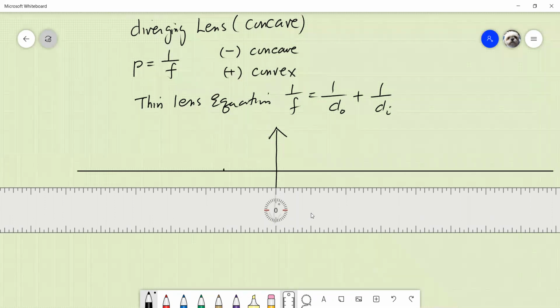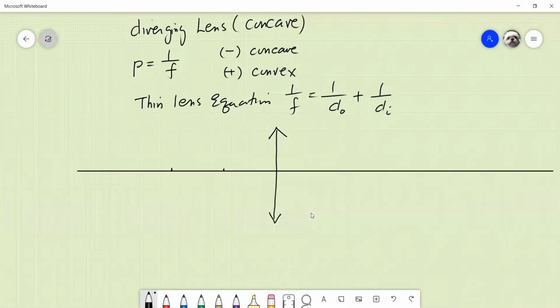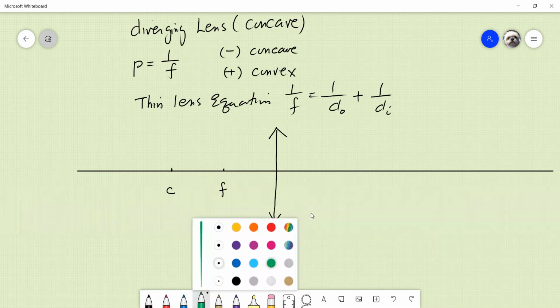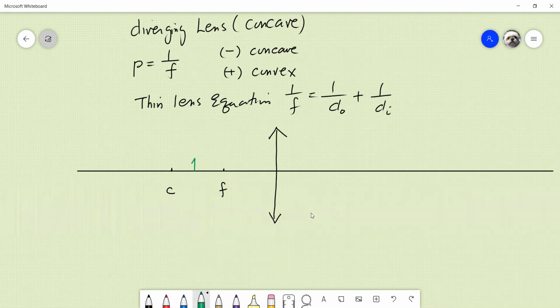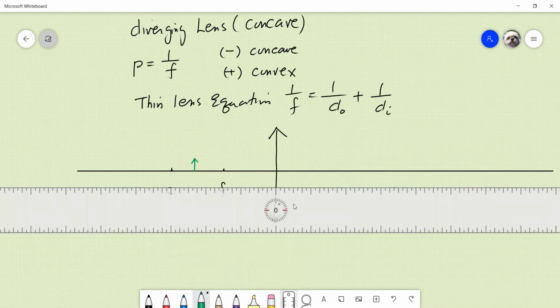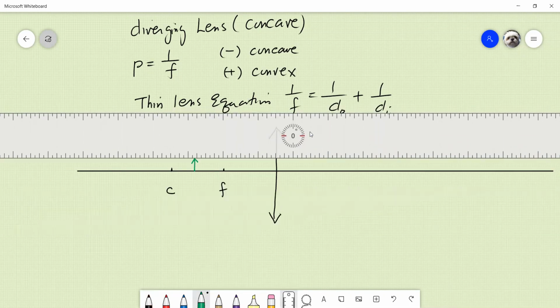So that will be another 6 units for the C. Now I'm gonna put my object between C and F, right? Now, like I said, you should have 5 choices, right? Now then I'm gonna build it for the lens.